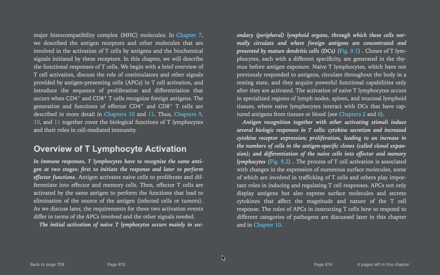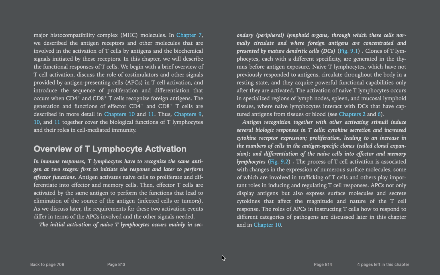Cytokine secretion and increased cytokine receptor expression, proliferation, leading to an increase in the number of cells in the antigen-specific clones, called clonal expansion, and differentiation of the naive cells into effector and memory lymphocytes.